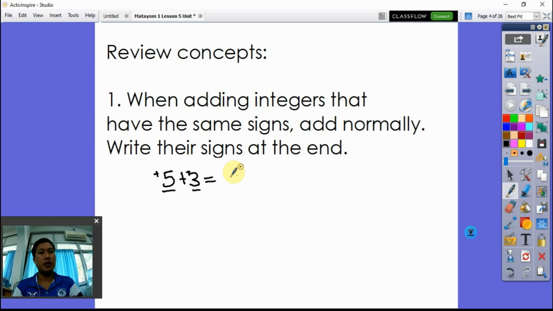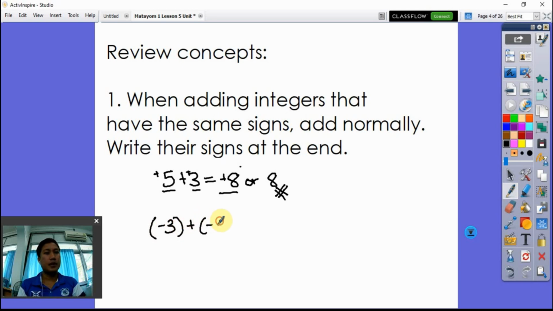So 5 plus 3 equals 8. And then we write their signs at the end. So we write the positive sign because both of them are positive. But since we know that positive 8 is the same as 8, the normal way of writing it, we just write 8 instead.